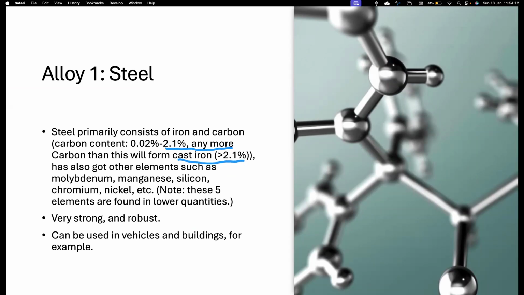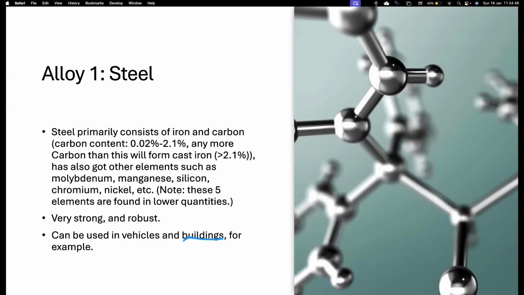Steel may also contain small amounts of other elements, such as manganese, molybdenum, chromium, nickel, and silicon. These elements may improve properties such as strength, toughness, and resistance to wear. That makes it very strong and robust, highly suitable for buildings, vehicles, and bridges.